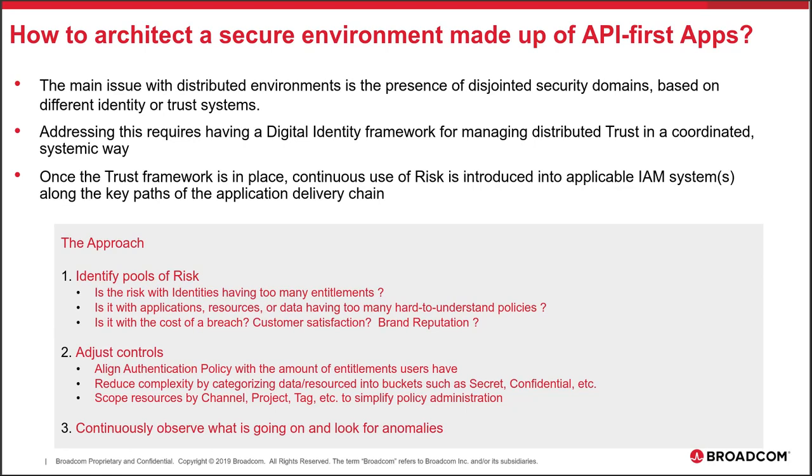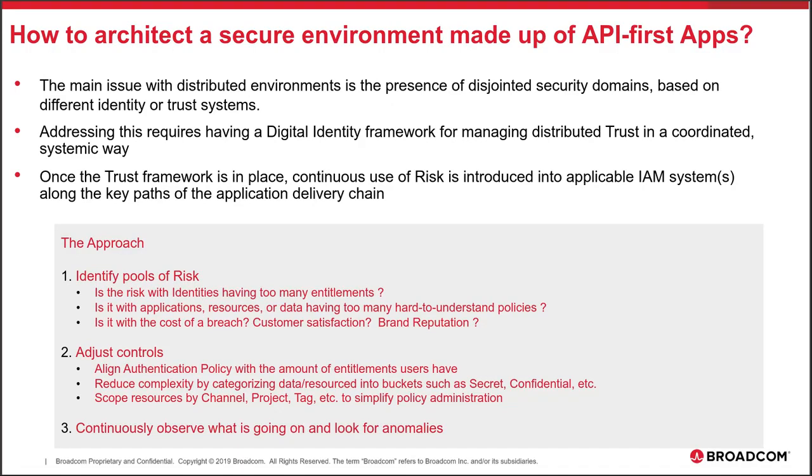And so at that point, you have the option to add a bit of classification, such as, are you managing by channel? Are you managing it by project? Are you assigning tags? Again, move away from arbitrary ad hoc policy definitions and focus on a more codified, more structured way to represent and manage the access.